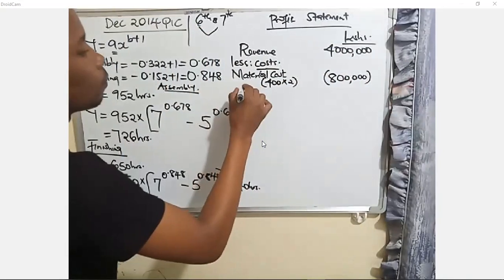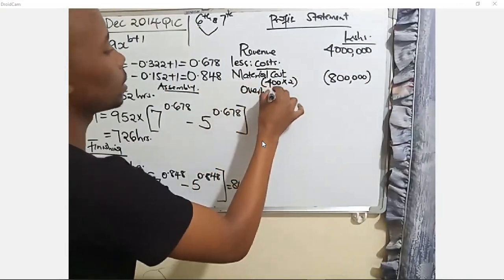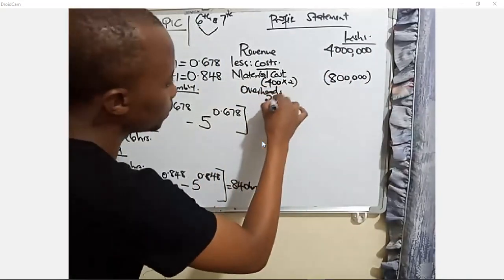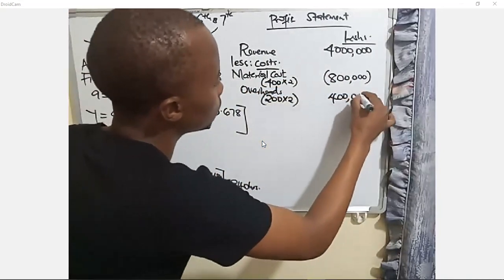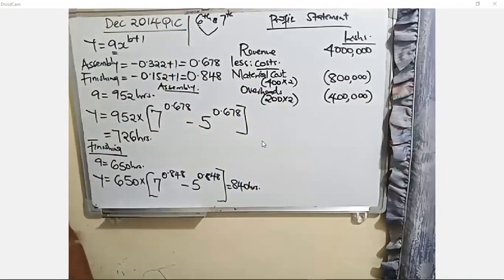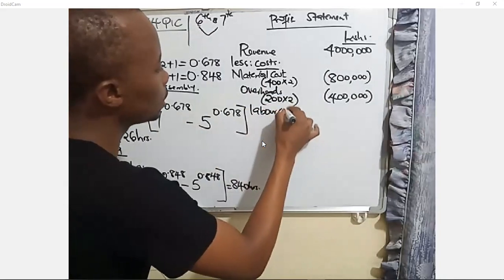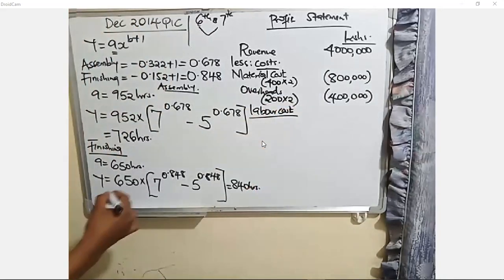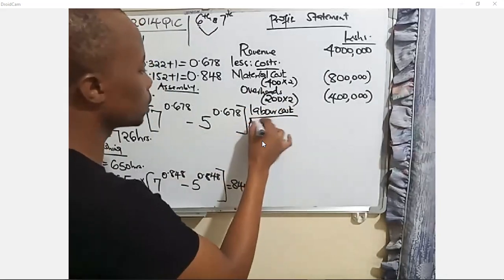Then we have overheads. I've been told other directly attributable overheads are 200 times 2 vehicles, getting 400,000. From there, we look at the labor cost now, because you have already calculated the total hours. We start with assembly.